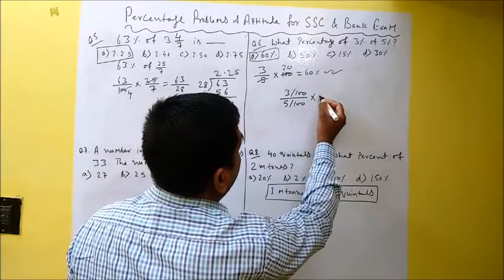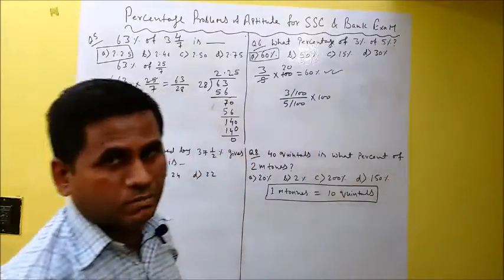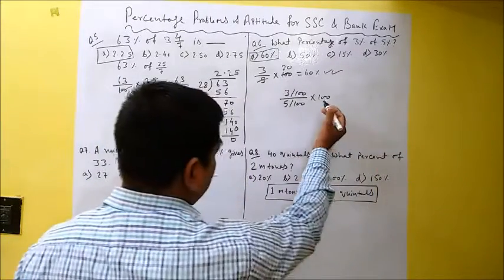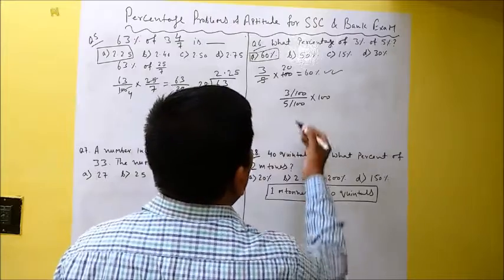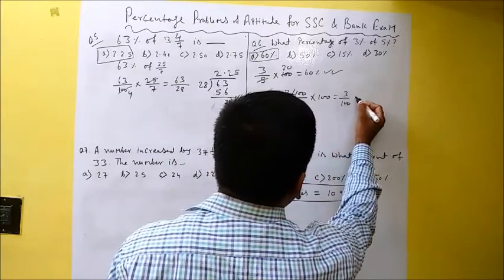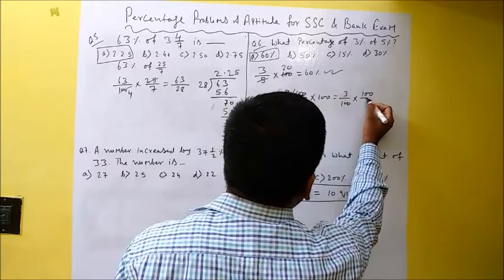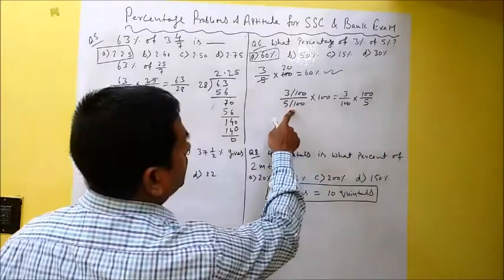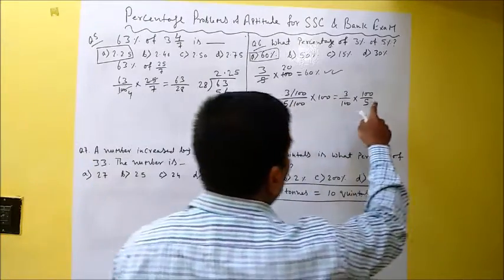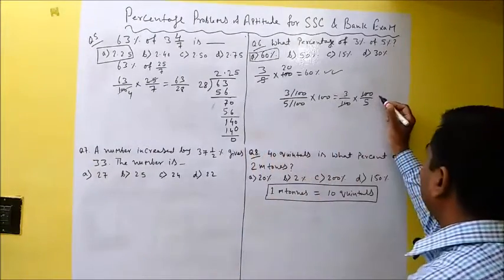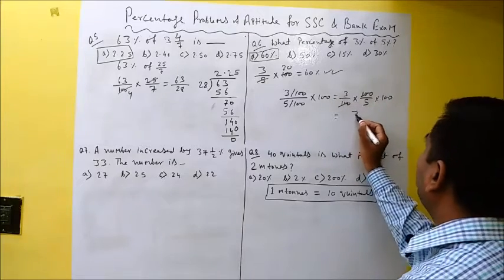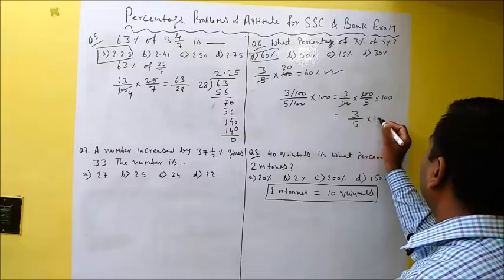And to calculate percentage, we know we do multiplication by 100. So in this, 3 by 100 multiplied with 100 upon 5, because the fraction in the denominator will be reversed. So 100 gets cancelled and this 100 is as it is. So you can see 3 upon 5 into 100.